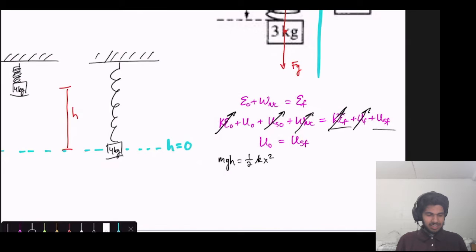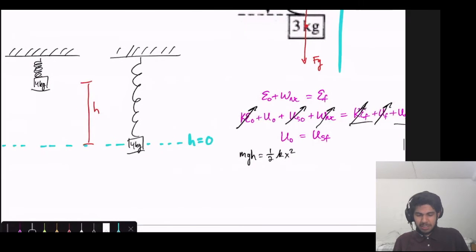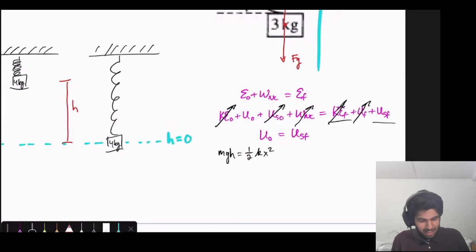It's the displacement from its equilibrium position. If up here the spring was in equilibrium, and here we're not, then x is the distance from here to here. But that's what we defined h to be. So really, x and h are the same in this case.